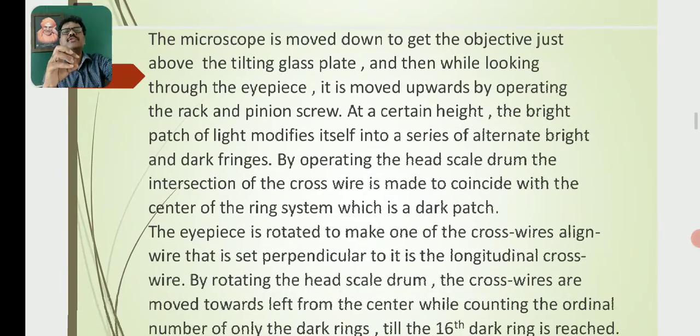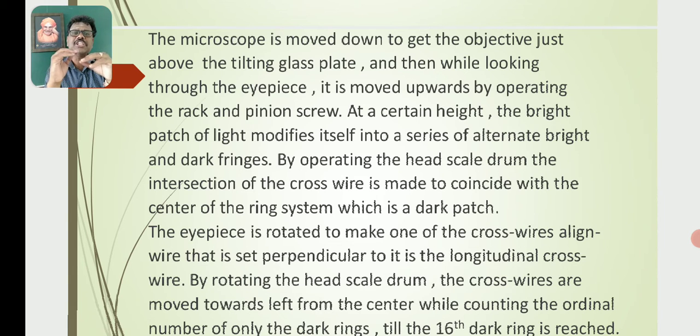Then the microscope is moved down to get the objective just above the tilting glass plate, and while looking through the eyepiece, it is moved upwards by operating the rack and pinion screw.